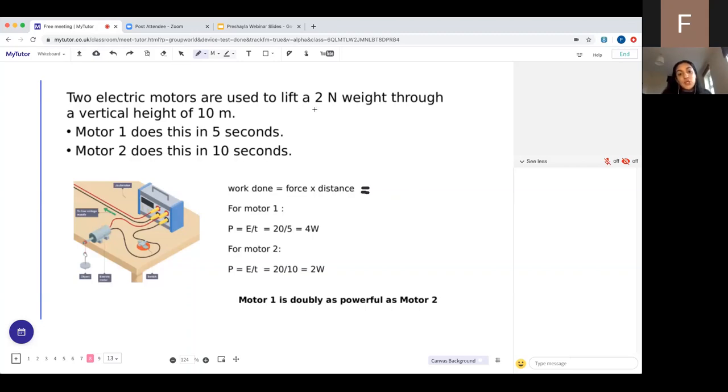Well, we have a 2 Newton force and a 10 meter distance. So we know that the work done by the motor, remember, work done is just a force that makes something move, and we therefore get 20 joules. So remember, work done is measured in joules.